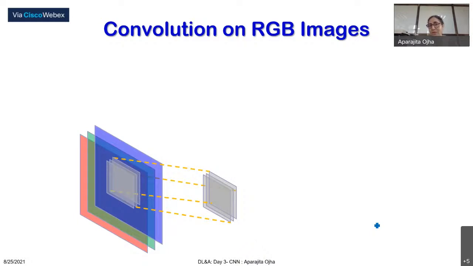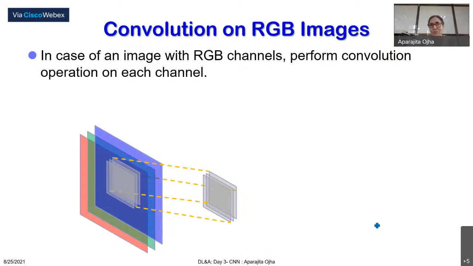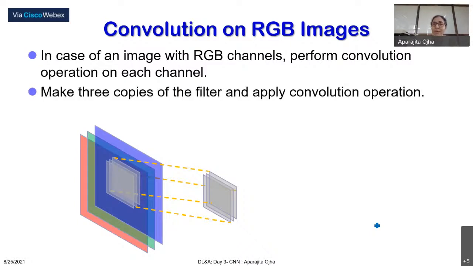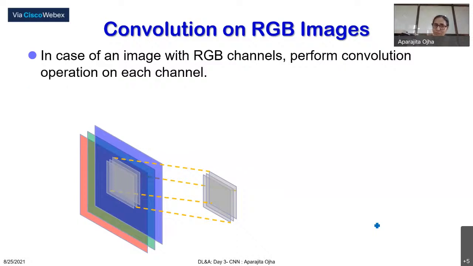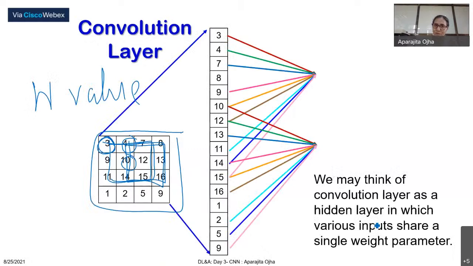And suppose the image is an RGB image, then it will have 3 channels, isn't it? In case of an image with RGB channels, we perform convolution operation on each channel separately. Make 3 copies of this filter. Suppose you have a filter which was given here.